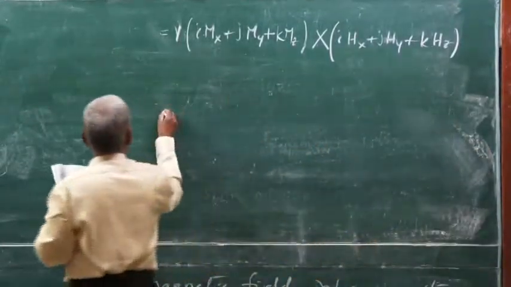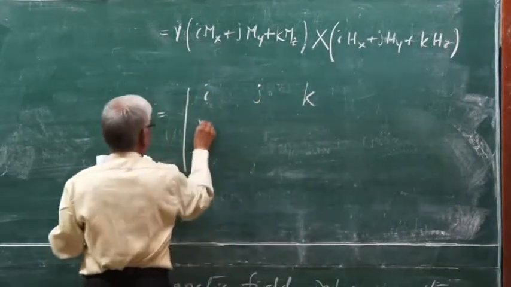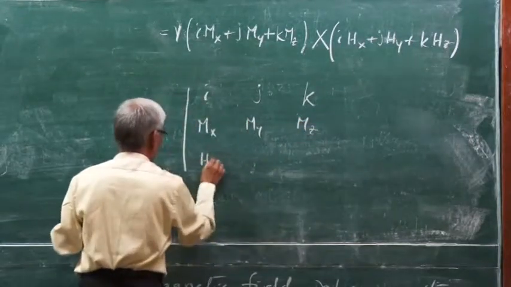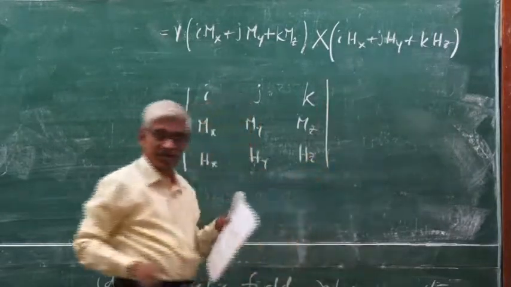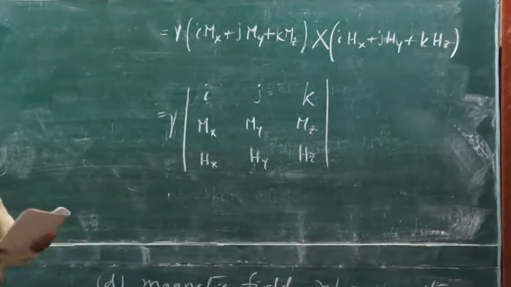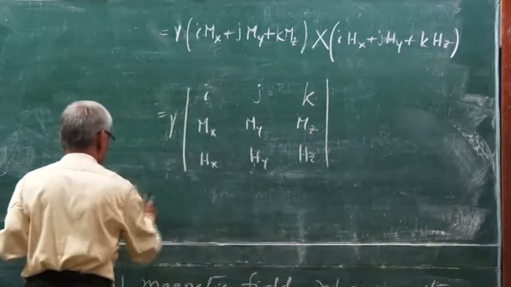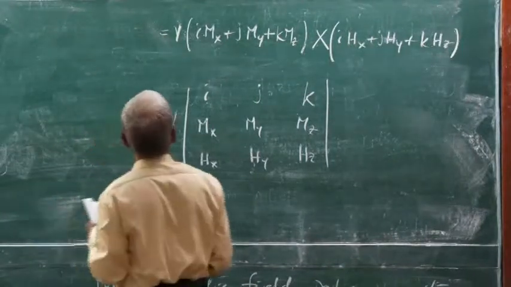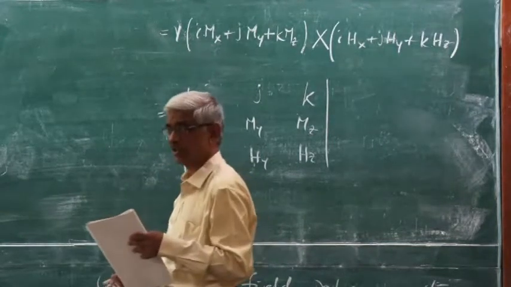So you can write it in the form of a determinant: i, j, k, Mx, My, Mz, Hx, Hy, Hz. So dM/dt equal to gamma into M cross H. That itself is the Bloch equation. That's the Bloch equation.